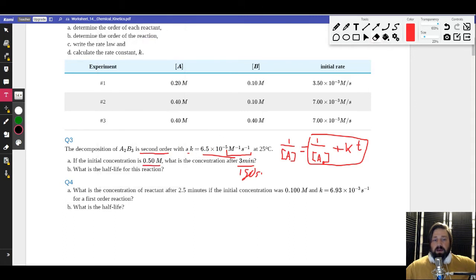This K, you probably aren't familiar enough with it now, but this K is actually kind of small, looking at this negative 5 here, which means I can say, yeah, this is going to be a pretty slow reaction. It's not going to be moving quickly. There we go. That answer makes sense.